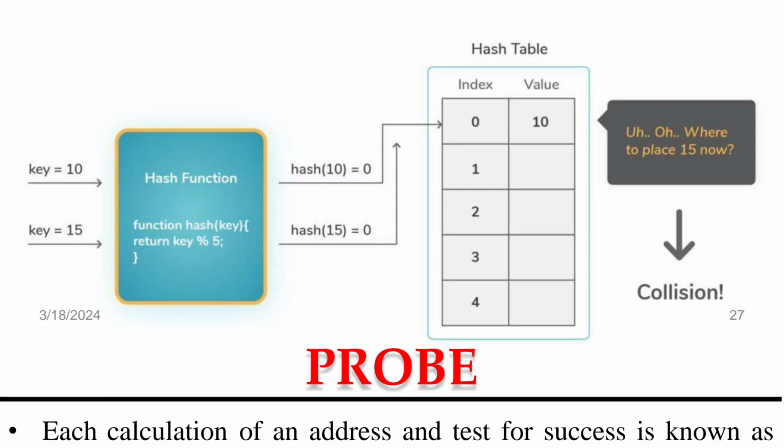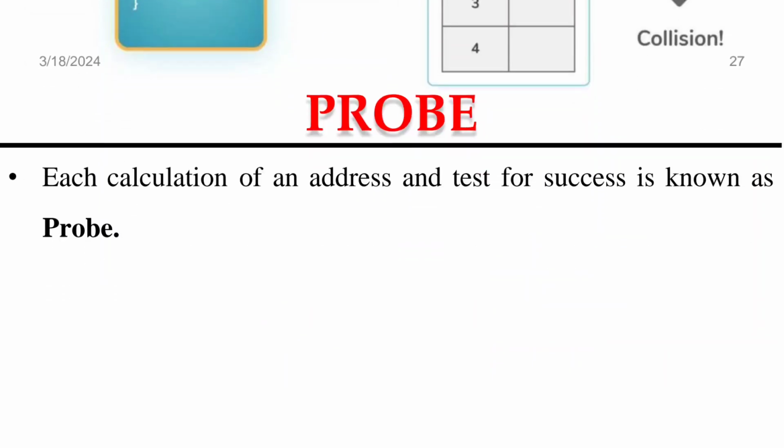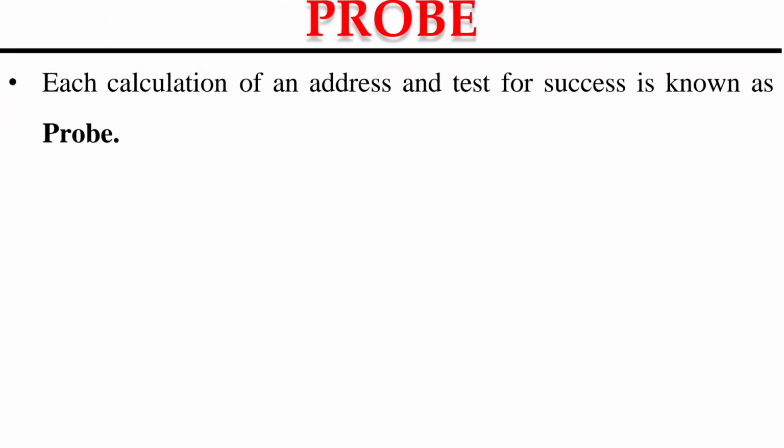I hope all of you understand what is meant by collision now. Next definition is probe. Each calculation of an address and test for success is known as a probe. Probe means how many times you search into the hash table to find a place in the hash table.